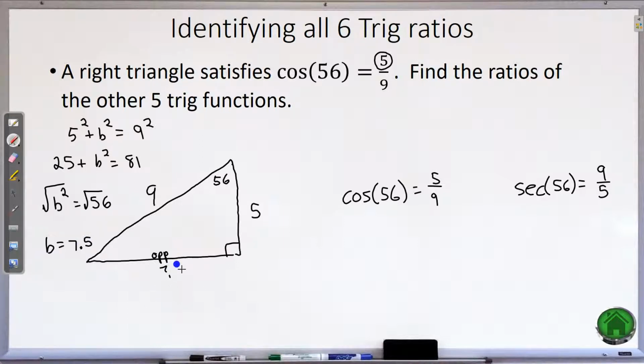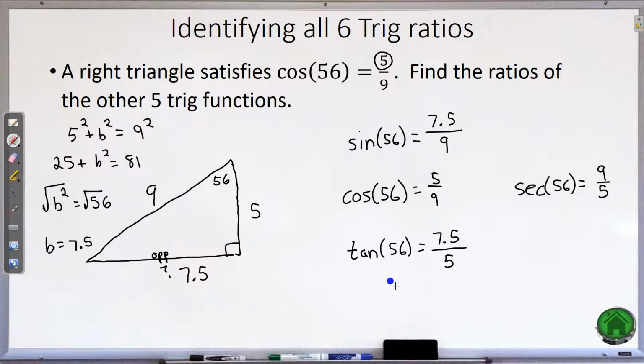All right, so if this down here is 7.5, we can now do all our other trig ratios. So sine of 56 is equal to the opposite, 7.5, over the hypotenuse, which is 9, and tangent of 56 will be equal to the opposite, which is 7.5, over the adjacent, which is 5.